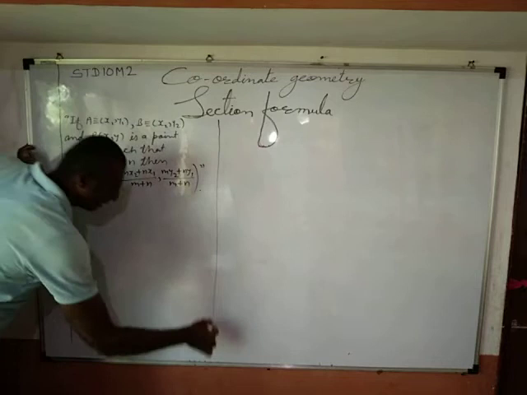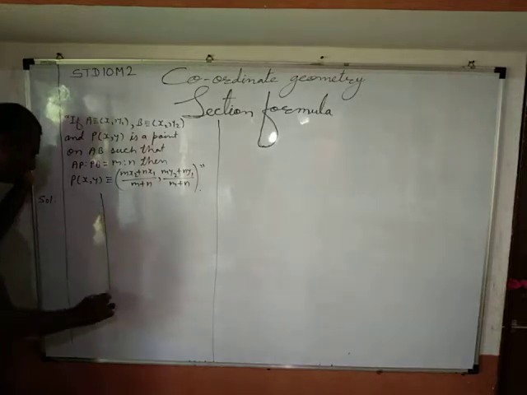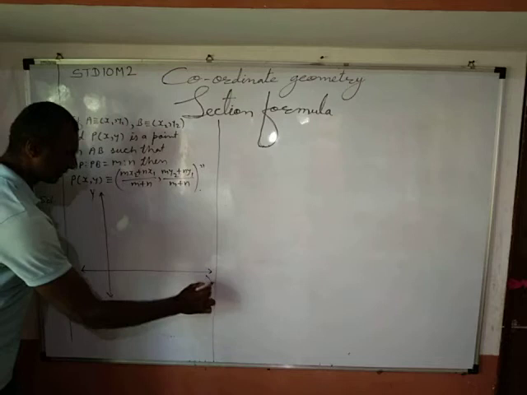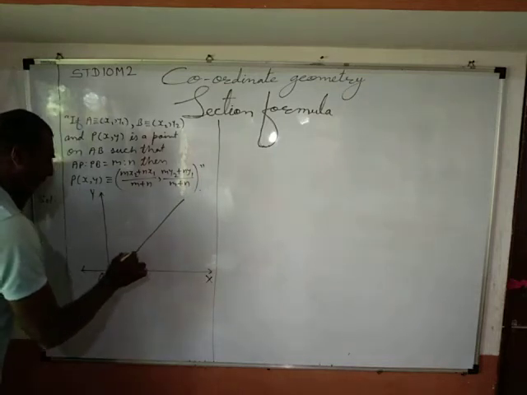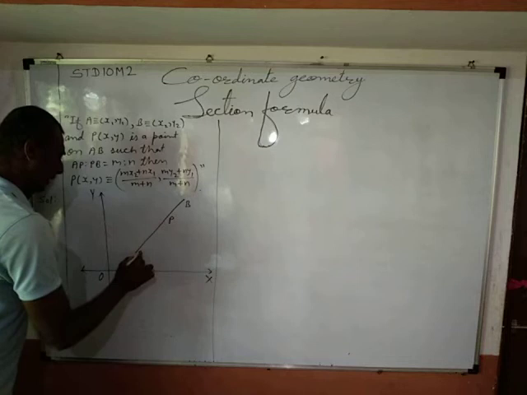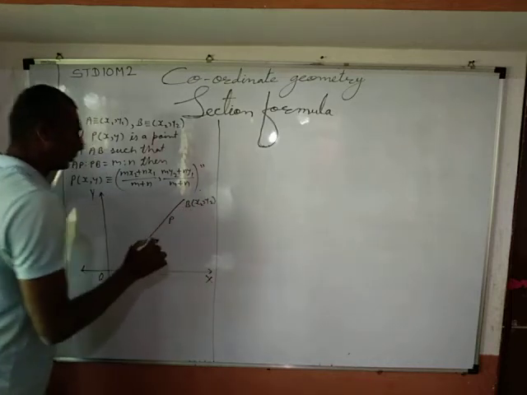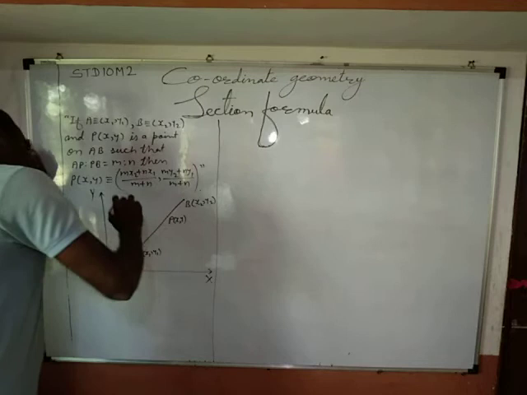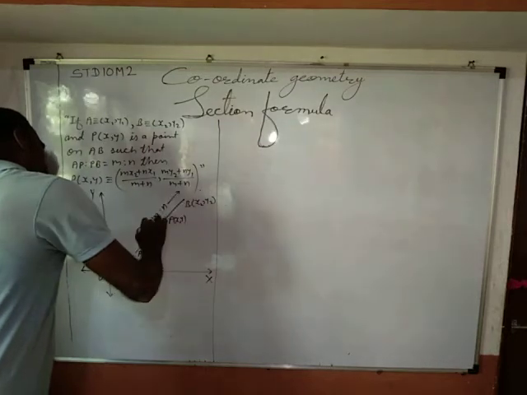Okay, for that let's consider a Cartesian coordinate system in which the vertical y-axis intersects the horizontal x-axis at point O, and A, B, P are 3 points such that A is (x1, y1), B is (x2, y2) and P is (x, y). P(x, y) is such that AP is to PB equals m is to n.